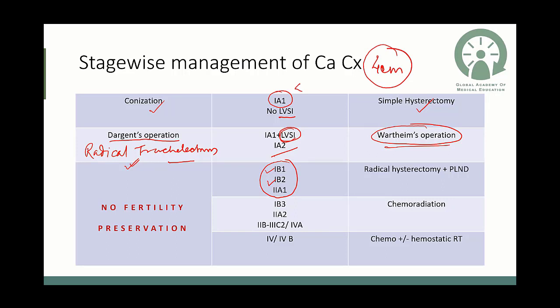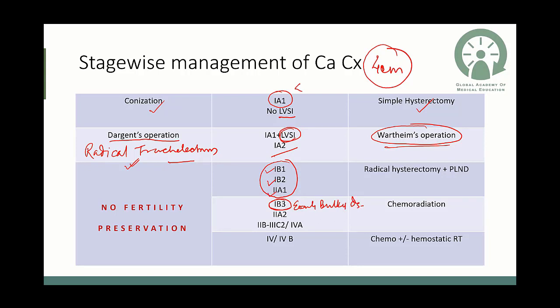Or 1B3 is a visible lesion limited to the cervix which is more than 4 cm. This is called early bulky disease, and this is non-operable, right?